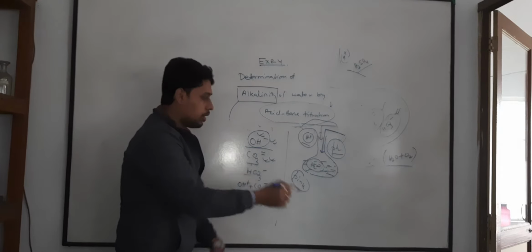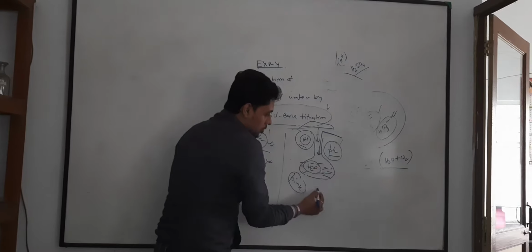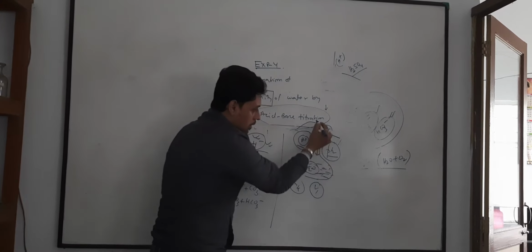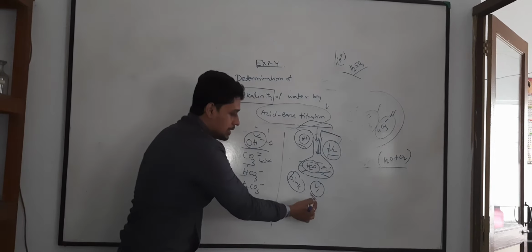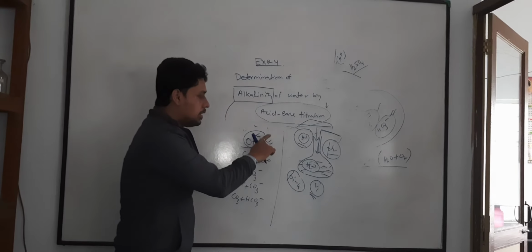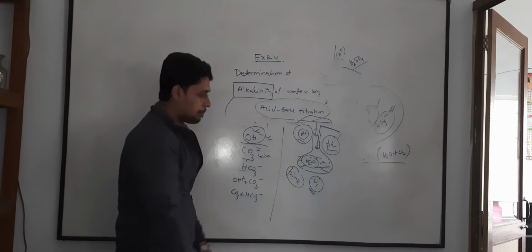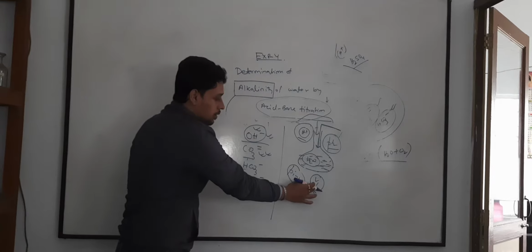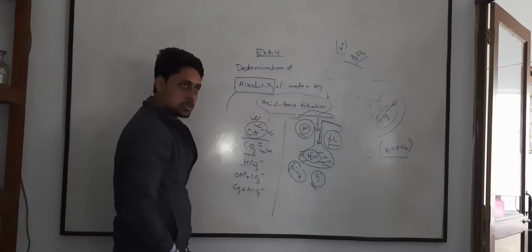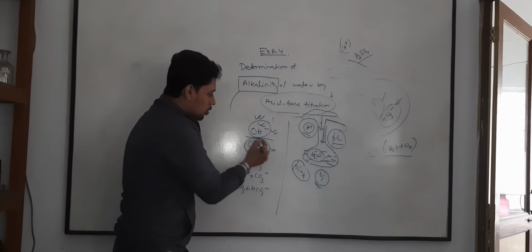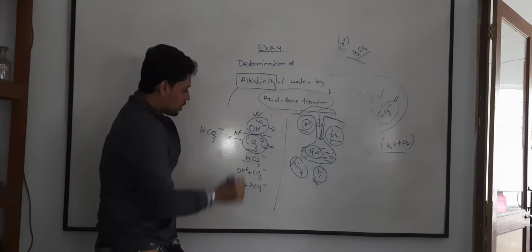Now let us say after addition of V1 ml of acid, your water becomes colorless. That means after addition of V1 ml of acid, the total neutralization process in presence of phenolphthalein is done. So V1 is responsible for the total neutralization of OH minus, or, as you know, after taking one H plus, carbonate is converted into bicarbonate.